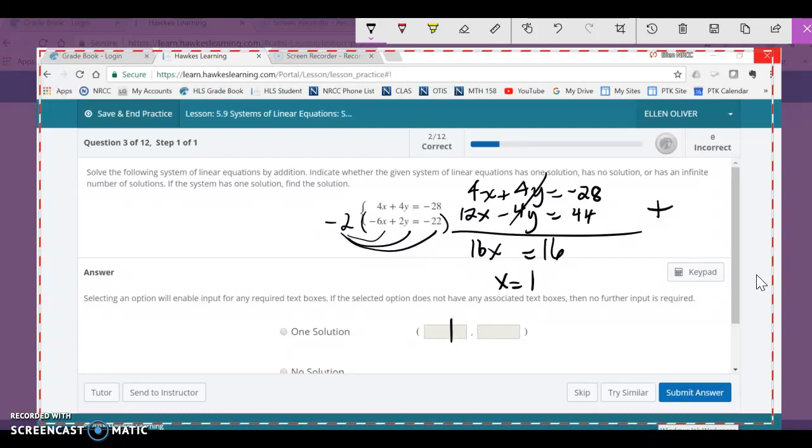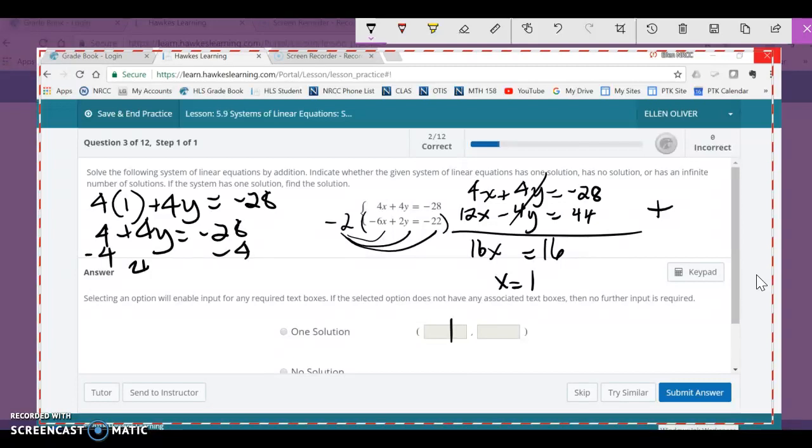And just to make my life simpler, so I don't ever have to think about it, I always plug it into the first one. So 4 times 1 plus 4 times y equals negative 28. 4 plus 4y equals negative 28, minus 4, minus 4, 4y is negative 32. I'm sorry that this handwriting is so messy. y is negative 8.